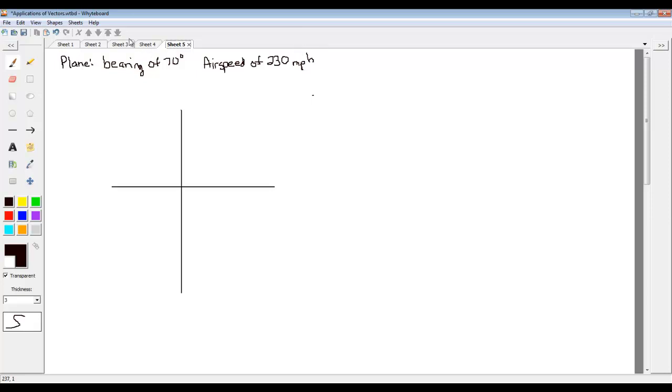There's a wind blowing at 25.0 miles per hour from a direction of 290 degrees. You want to find the resulting bearing and ground speed of the plane.